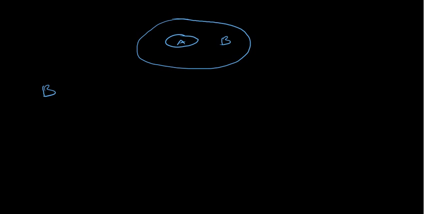This B is equal to A union this portion, which is B minus A.